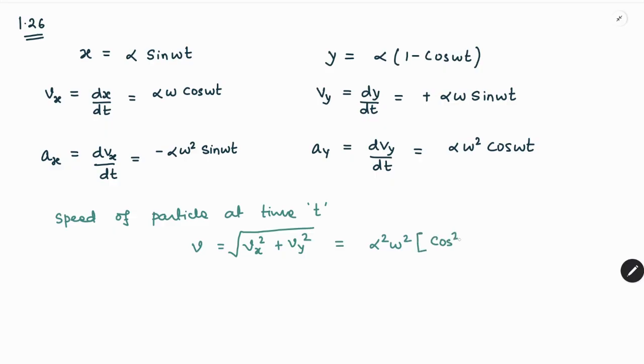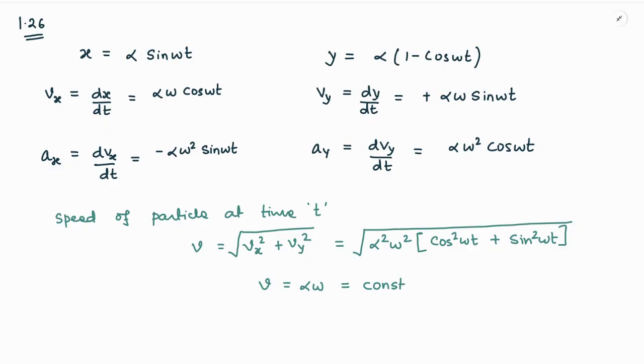So we have an expression cos square omega t plus sine square omega t. This expression will turn out to become 1, and we have v equals alpha omega, which turns out to be constant.